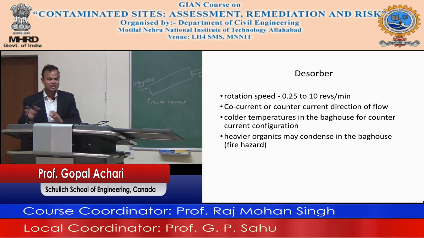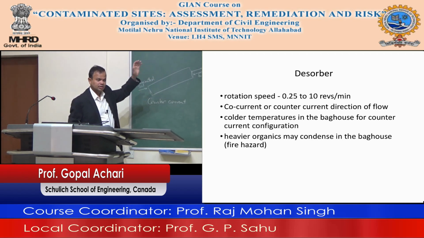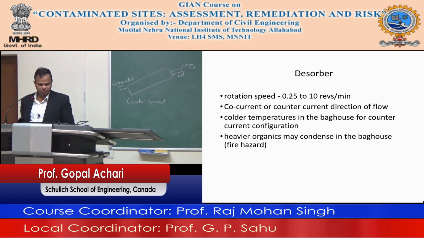So the configuration of how you treat the gases after they come out also depends on whether you use a co-current or a counter current. Heavier organics may condense in the bag house. That's another consideration. For post treatment, we've got solids and gases.